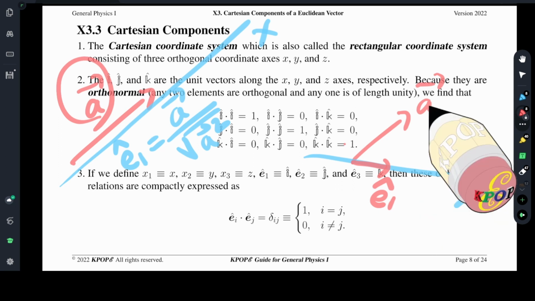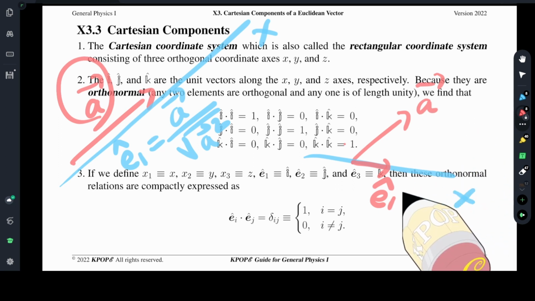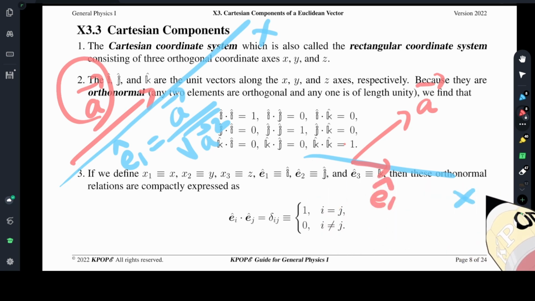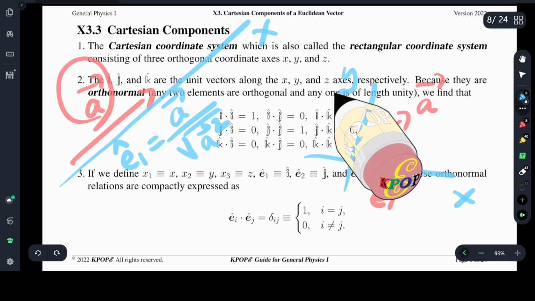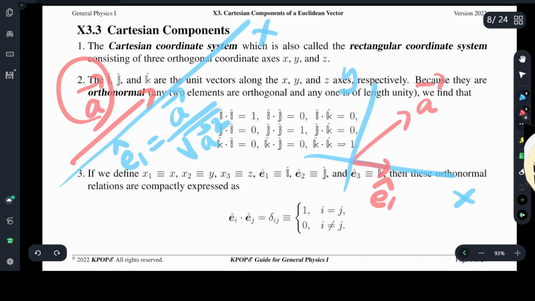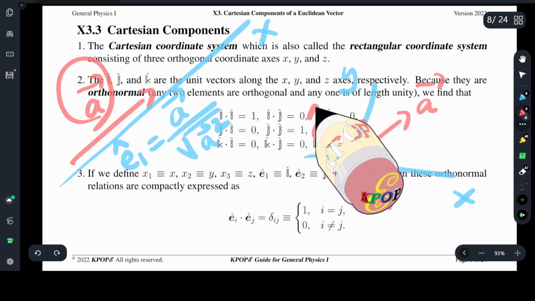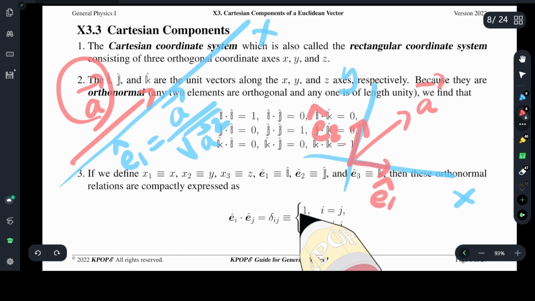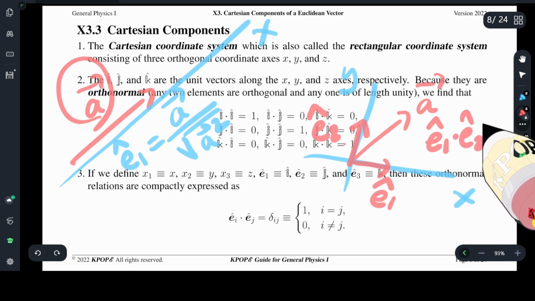Then I have to find the component of A that is perpendicular to the x-axis. So I need to introduce the y-axis. Then I would have a different unit vector, and E1 dot E2 equals 0.